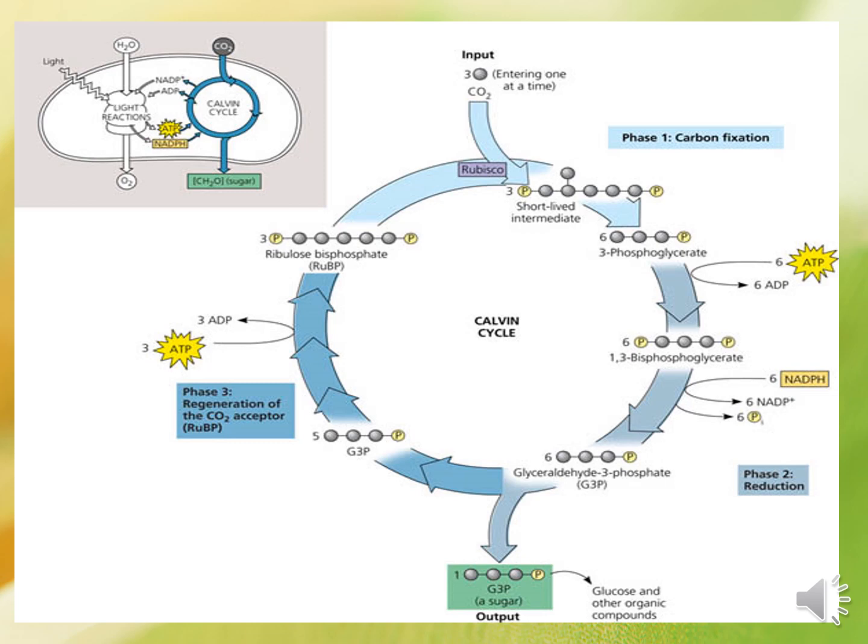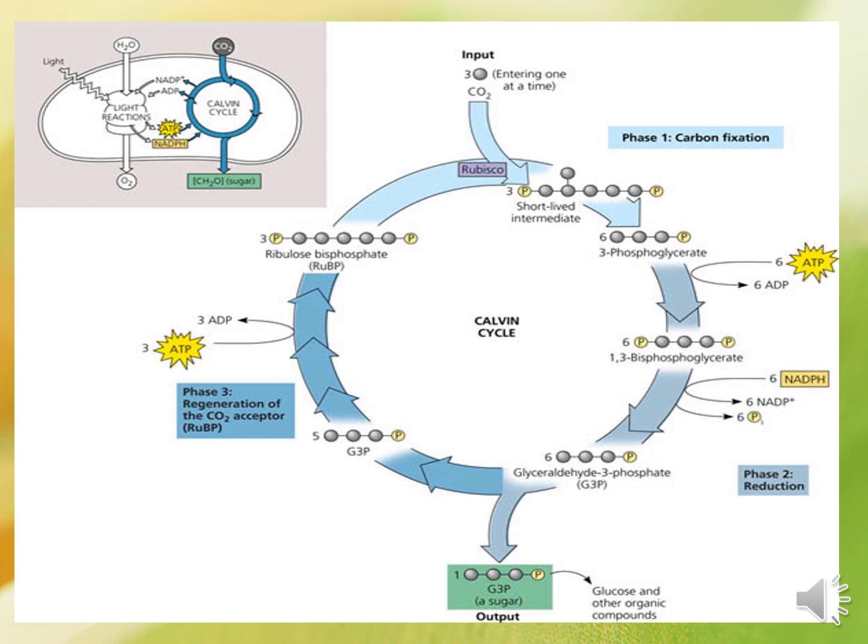Now these 3 RuBP are ready to receive another CO2 to continue the Calvin cycle. And they enter phase 4, which is product synthesis. This focuses on one molecule of G3P being produced into glucose or another sugar. Okay, so that is all about the Calvin cycle.